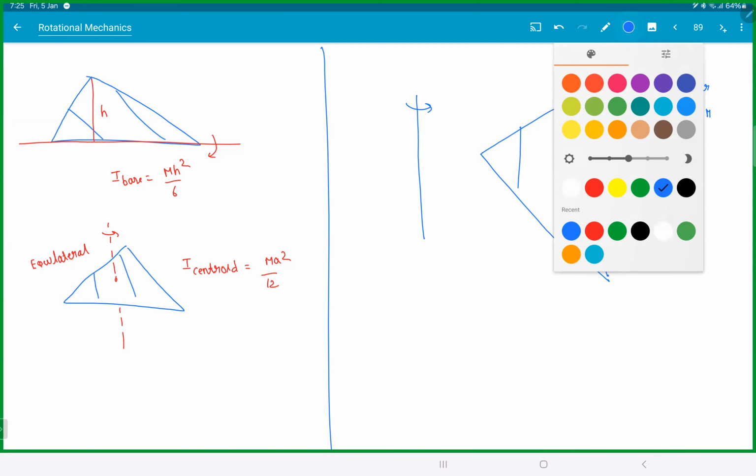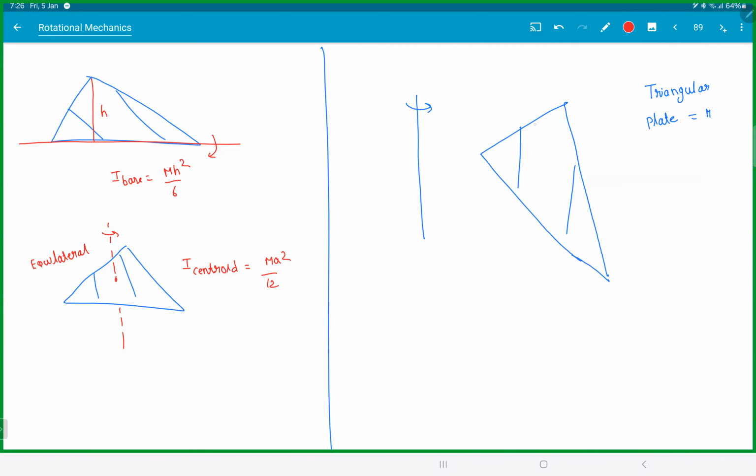So what this theorem says, you can take all this mass, you can put m by 3 here, put m by 3 here, and put m by 3 at the center of the sides. Put m by 3 at the center of each side.